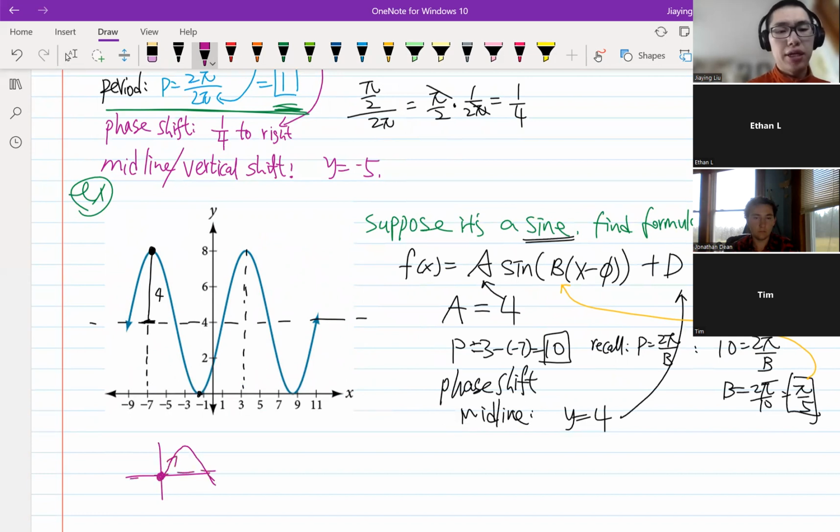So this is the midline. Okay, so I need to know this shape right here. Let me draw it with a different color. So I need to look for this shape, and the middle of that shape is where the starting point of the period is, if I want to use that point.